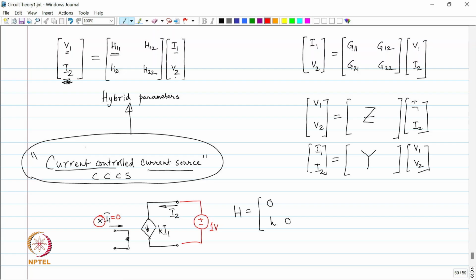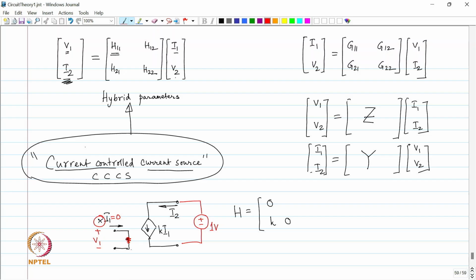If there was some wire resistance over there, what is V1 going to be equal to? This is V1 for those who have forgotten. Come on, H12. I1 is 0. What is V1 going to be? 0. There is some resistance over here, I1 is 0.